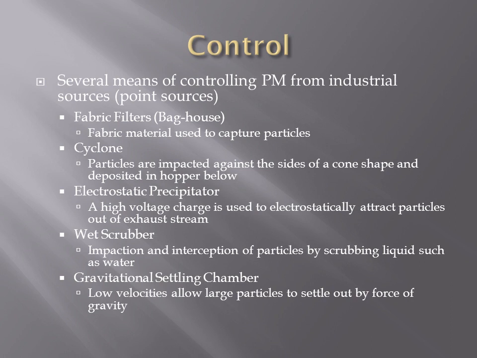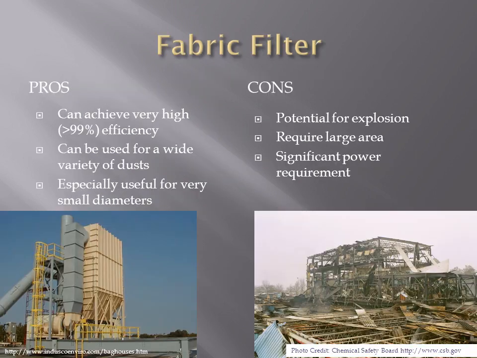Now we will discuss some ways for industries to control their emissions of particulate matter. Some of the commonly used types of control methods are fabric filters or baghouses, cyclones, electrostatic precipitators, wet scrubbers, or gravitational settling chambers. In the following slides, we will illustrate a few of these examples.